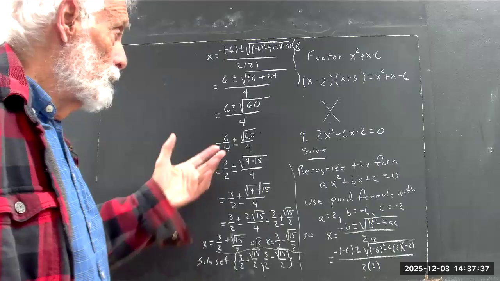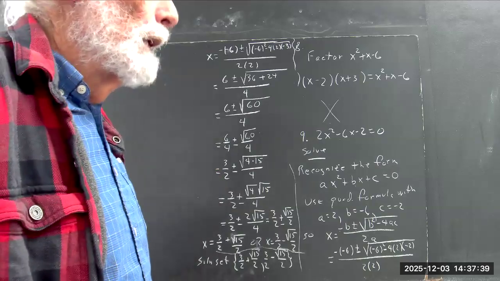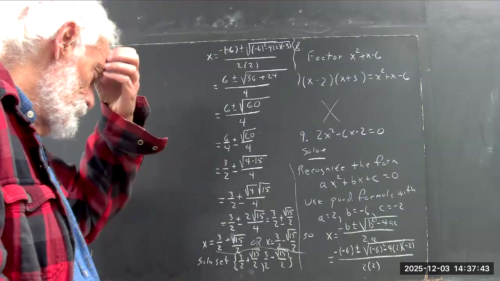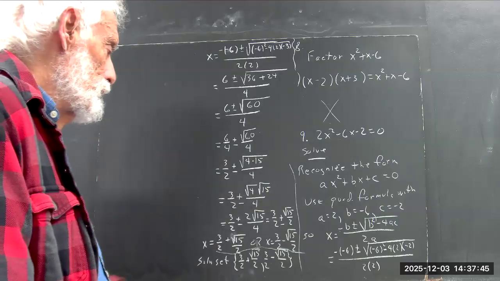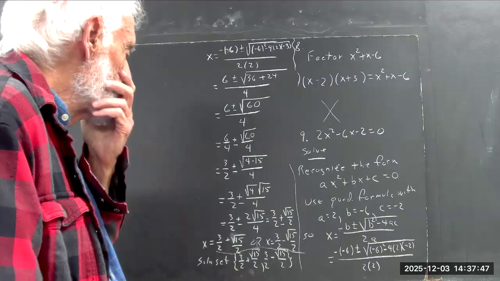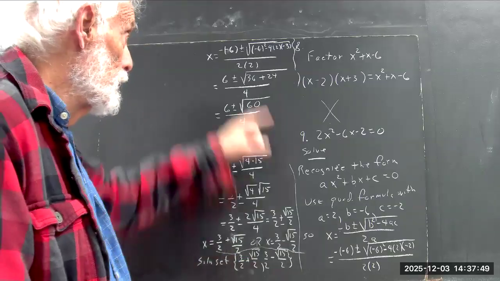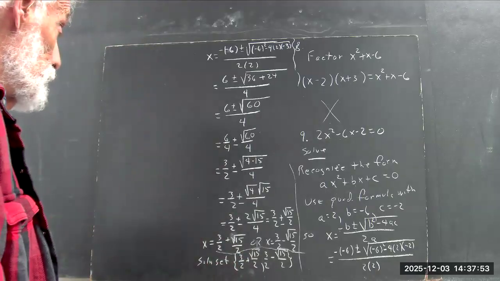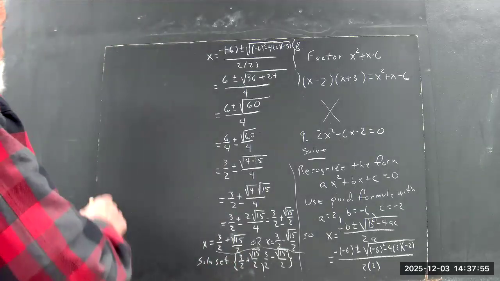All right, well, that's it for these examples. The other thing is check. And to check this, squaring this and squaring this, multiplying by 2 and all that gets a little bit involved.